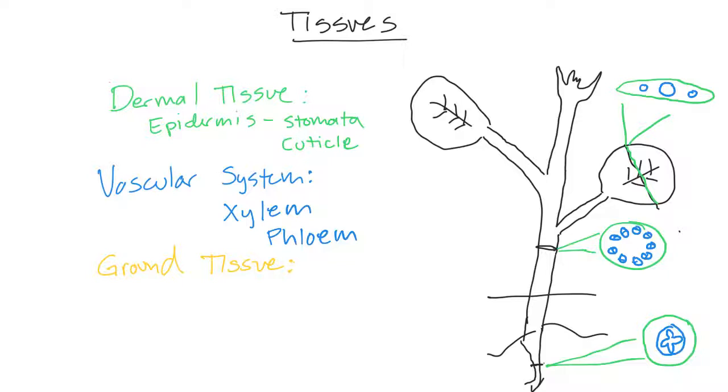All right, so the ground tissue then is the functional and supportive tissue. So this is where you get a lot of the parenchymal cells and sclerenchymal cells, and are usually found in what's called the pith or the cortex and medulla.